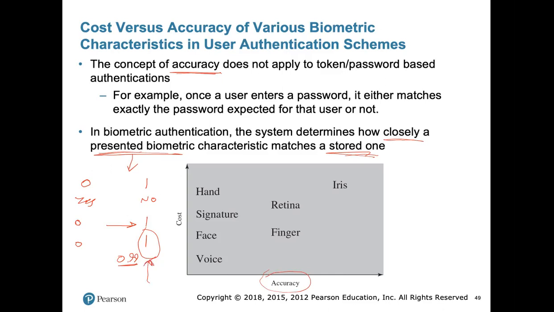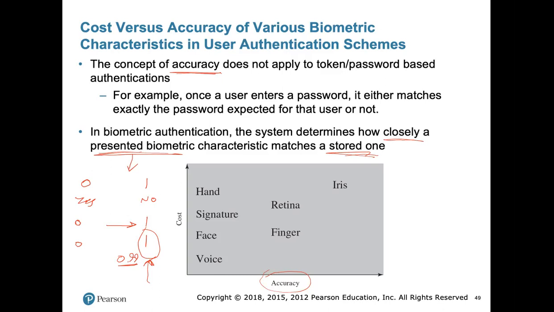Or we can also put it this way: how confident am I when I say yes or no? When I let some people in or reject some individual, how confident is that authentication method? So we have the accuracy.